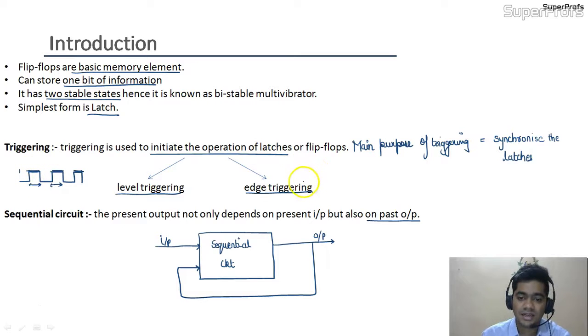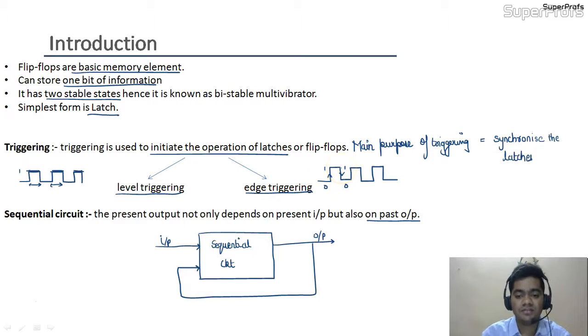But in edge triggering, what is the method? Suppose we are changing the inputs, or affecting the working or outputs of the flip-flop, during the transition from either 0 to 1 or 1 to 0.